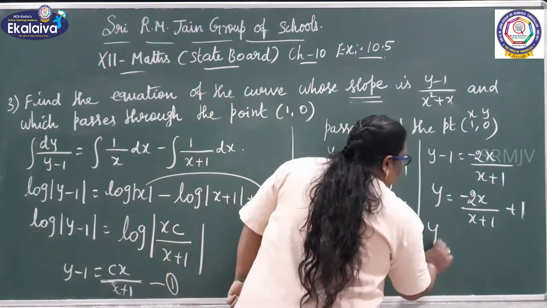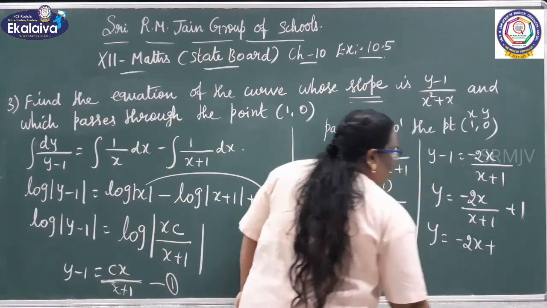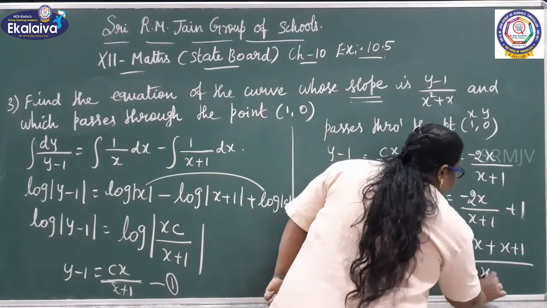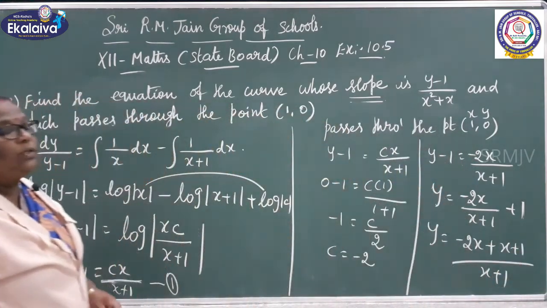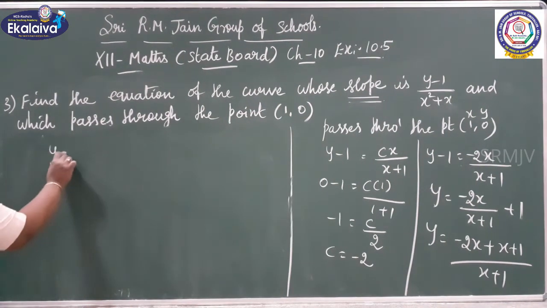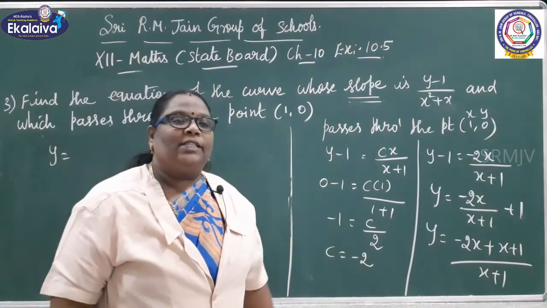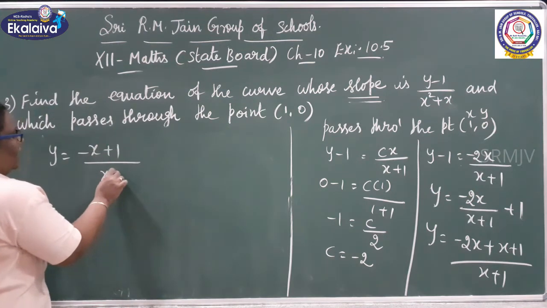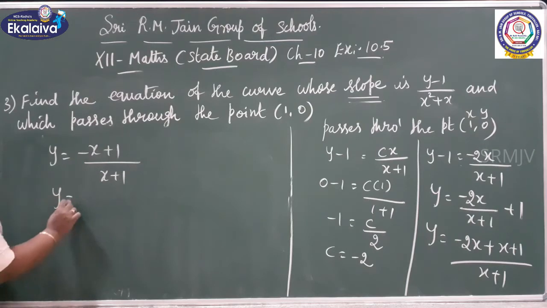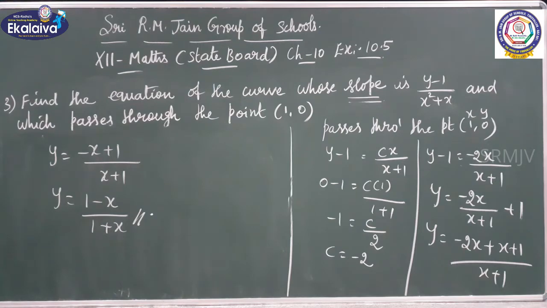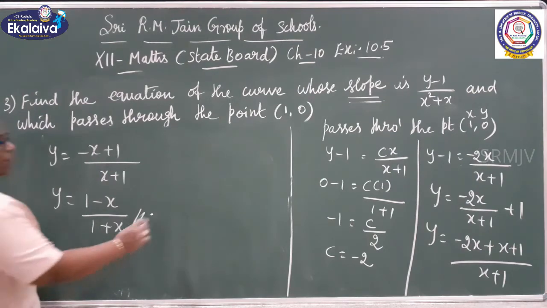You can take the LCM: y equal to minus 2x plus x plus 1 by x plus 1. y equal to minus 2x plus x is minus x plus 1 by x plus 1. So, you can write it here y equal to 1 minus x by 1 plus x, which is the required solution.